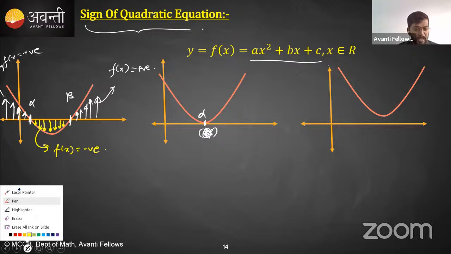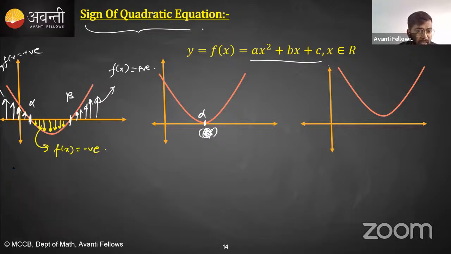So for this scenario, can I say that if x is an element of minus infinity to alpha union beta to infinity, then f of x is greater than 0?